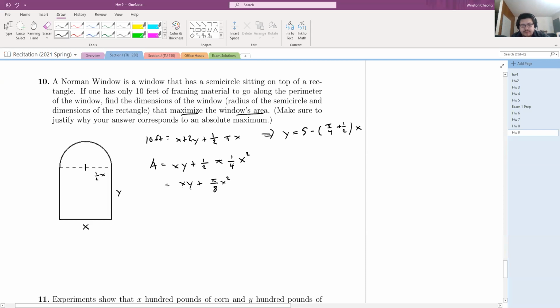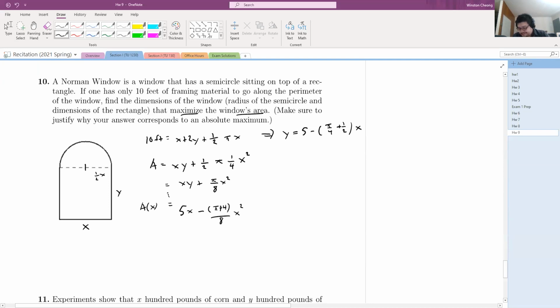And then when we replace in the y, let's just jump through that because I really don't have enough time to go through all the details. But fill in all the algebraic details, and you'll get this as your function to optimize. Pi plus 4 over 8, and then x squared. Yeah, so that's what you get.